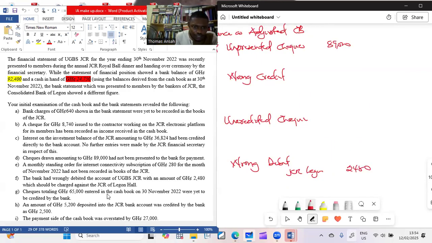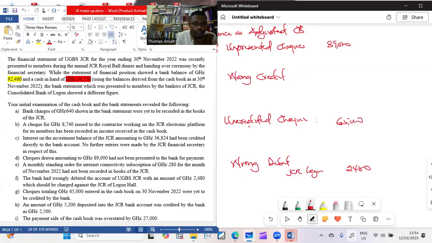Checks of 65,000 entered in the cash book are yet to be credited. So uncredited checks of how much? We don't have the name of that check, so we can just put it here, 65,000.